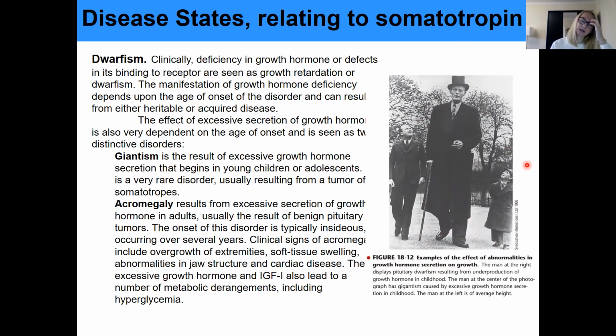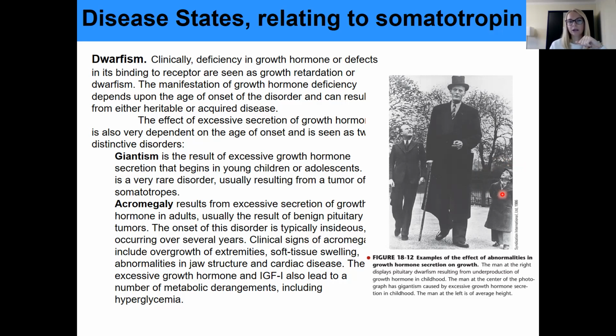But there is another disease which is called acromegaly that results from excessive secretion of growth hormone, but the onset of this disease, compared to gigantism, is usually in adults, and the reason for this disease usually is a benign pituitary tumor.